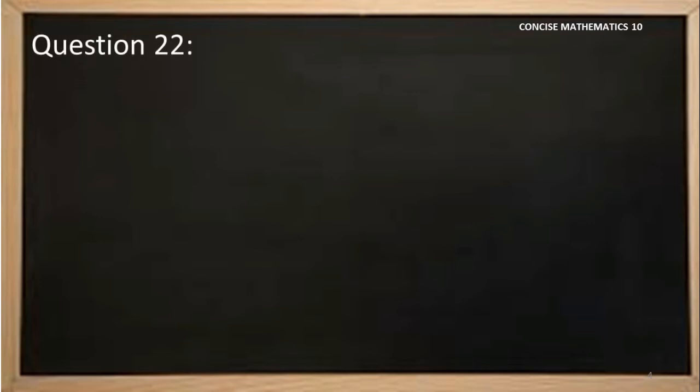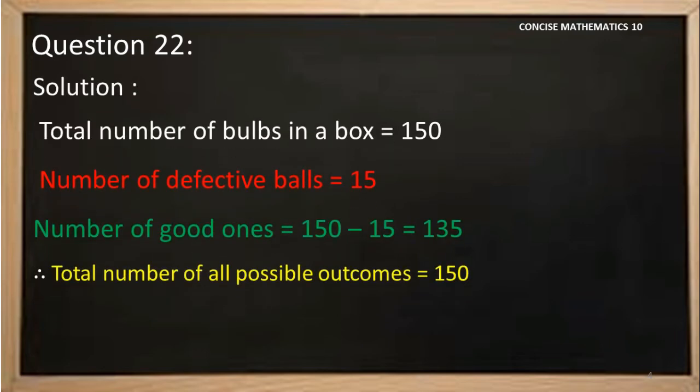Next, question number 22. A box contains 150 bulbs, out of which 15 are defective. So we have 150 total bulbs, 15 are defective. It means to say 135 are good ones.